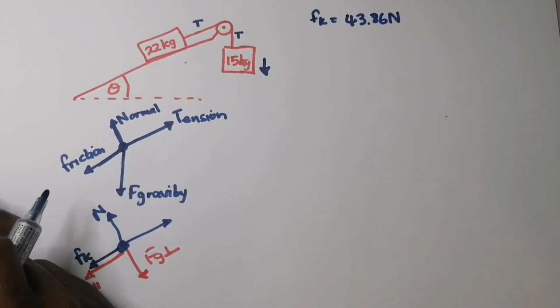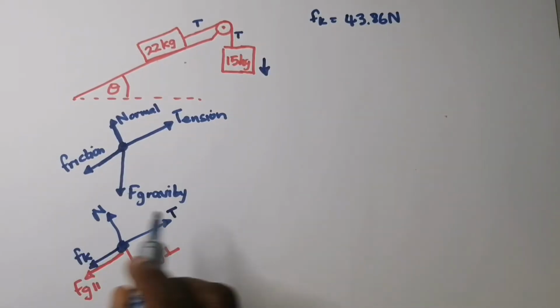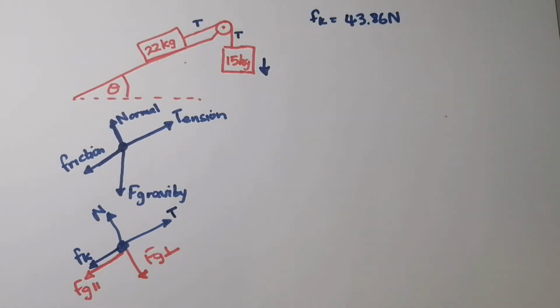Calculate the magnitude of the angle that will keep the system moving at a constant velocity. Okay, so in this case, what are we going to do? All right, so let's look at all the forces that are acting on the 22 kg block over there, right?